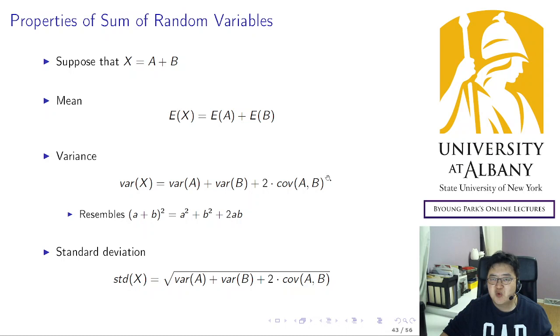If this covariance is negative, then the new variance can be smaller than the sum. So the more negative this part, the smaller the final variance will be. And then obviously the standard deviation is simply the square root of this formula, right? So from this, you can study a lot of things.